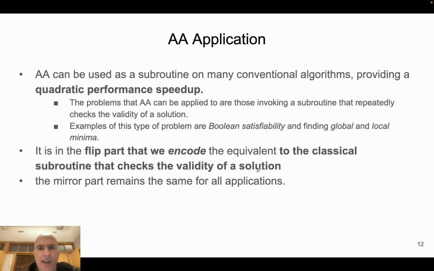Examples of this type of problem are Boolean satisfiability and finding global and local minima. It is in the flip part that we encode the equivalent of the classical subroutine that checks the validity of a solution. And the mirror part will remain the same for all applications, the so-called mirror Grover iteration. This is the last slide of this lecture, and talk to you soon.